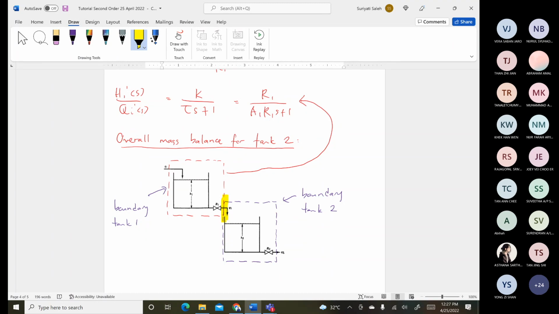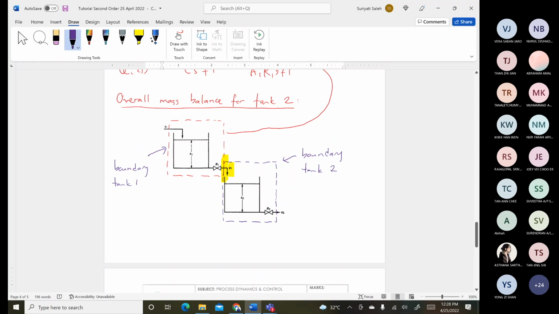This means for tank 2, you don't have any valve at Q1. Take a look here, this is your Q1. Since the boundary setup in this case does not cover the valve at Q1, your equation for tank number 2 becomes A2 dH2 dt equals Q1 minus H2 over R2.